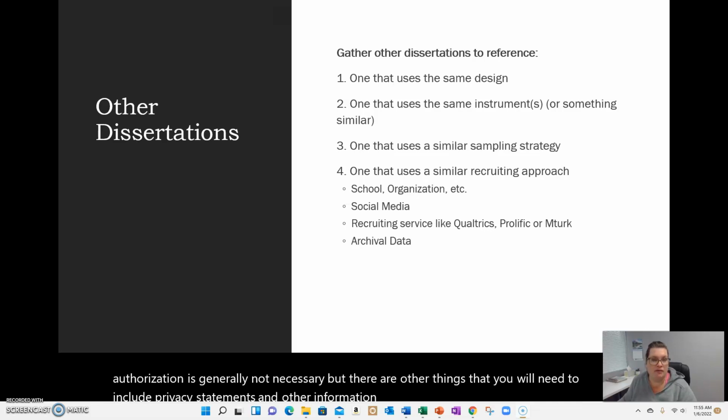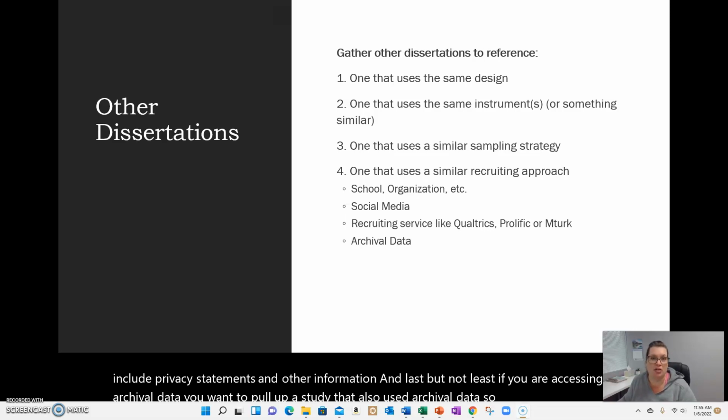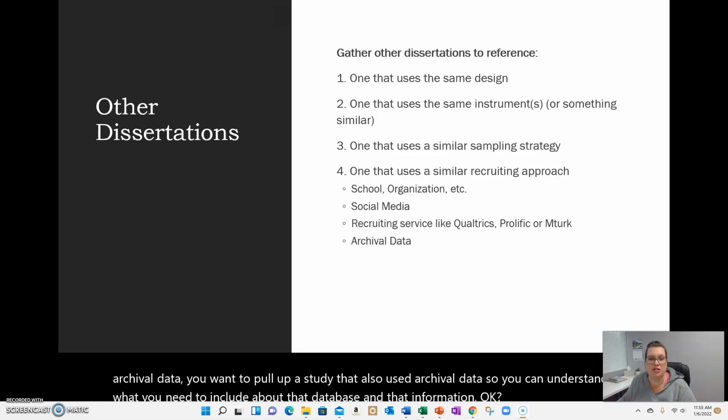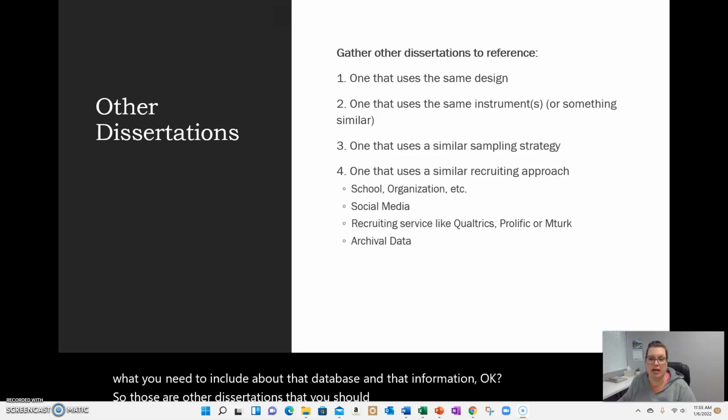And last but not least, if you are accessing archival data, you want to pull up a study that also used archival data so you can understand what you need to include about that database and that information. Okay, so those are other dissertations that you should search up and keep on hand so that you can reference or at least look at them.